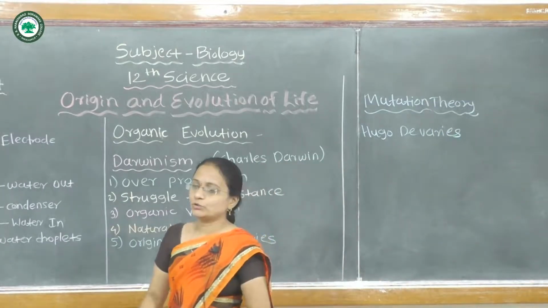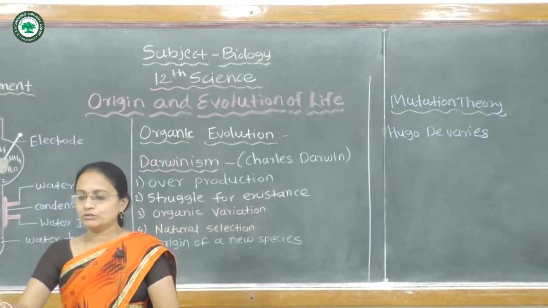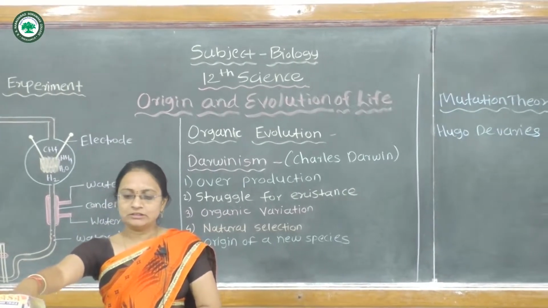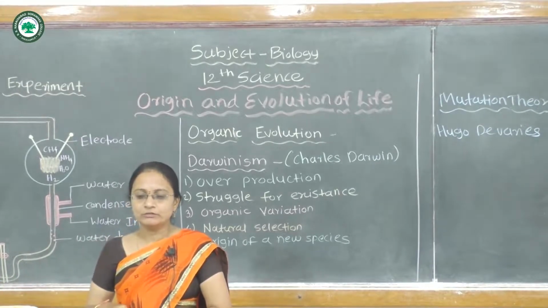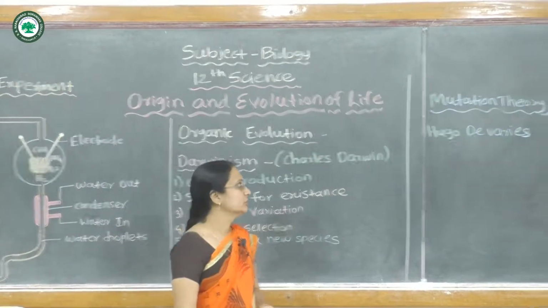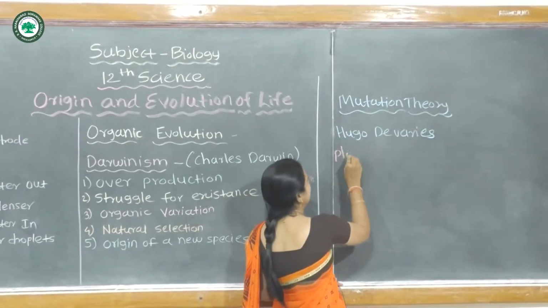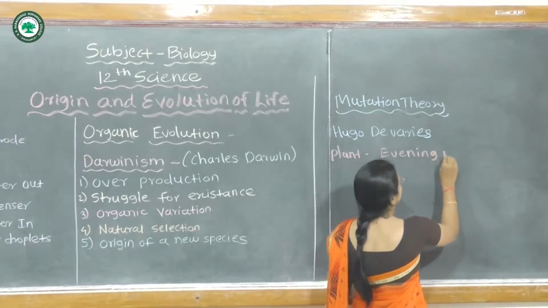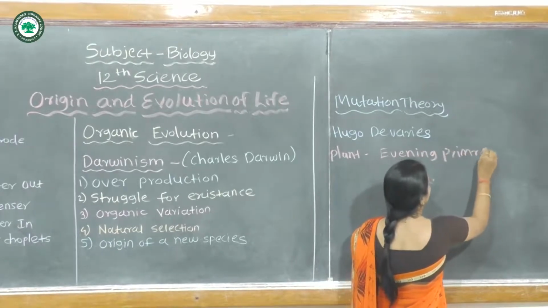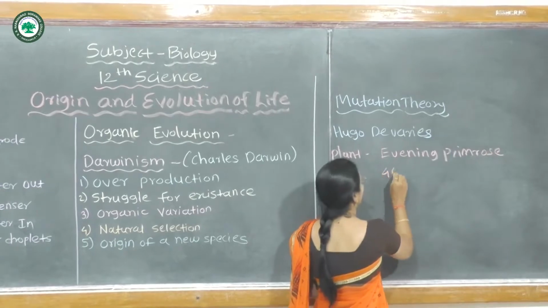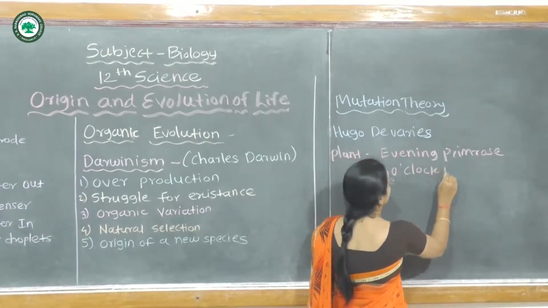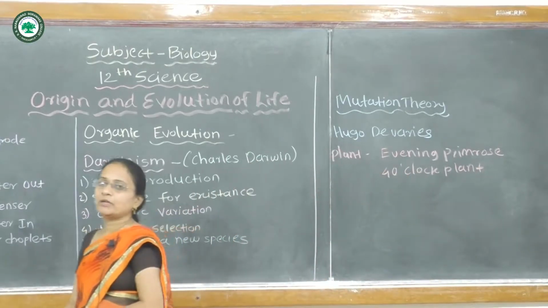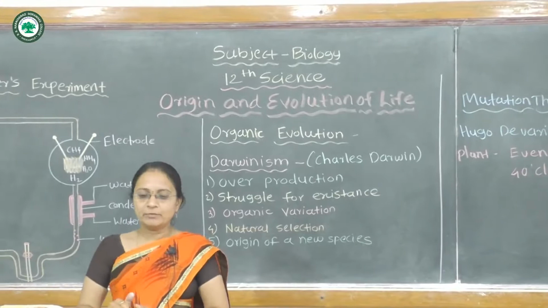The scientist Hugo de Vries proposed this mutation theory, and he proposed it based on observation of the 7th generation of a plant, the evening primrose, or four o'clock plant, whose scientific name is Oenothera lamarckiana.